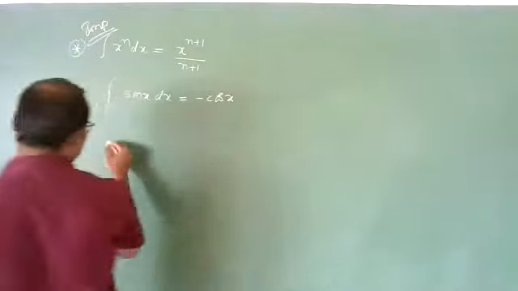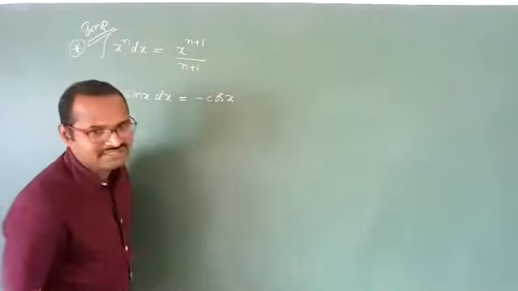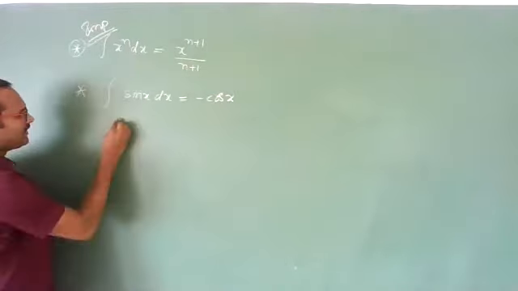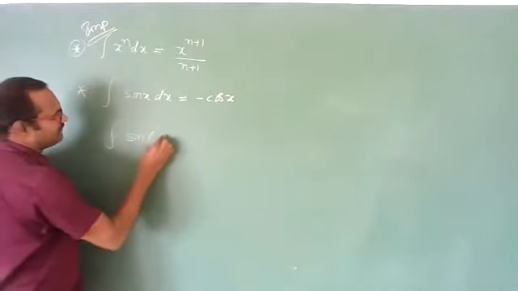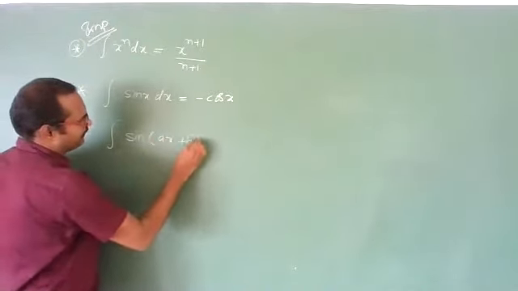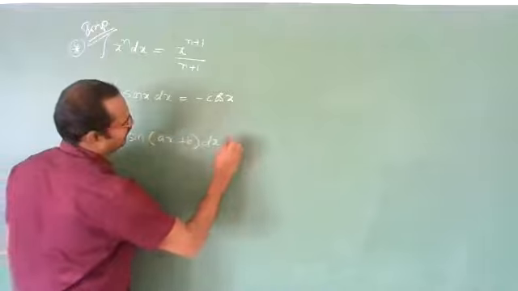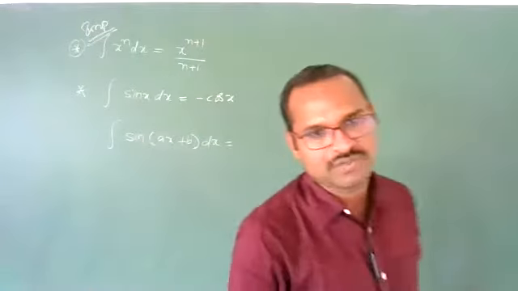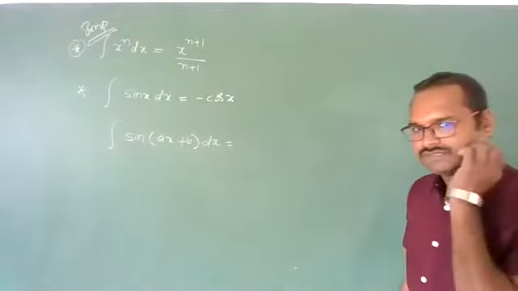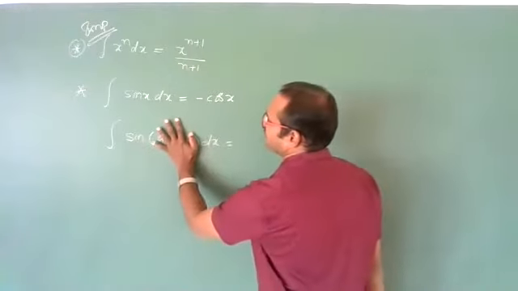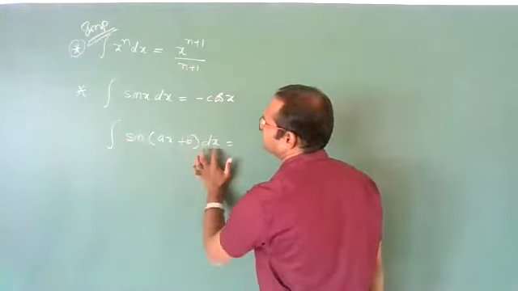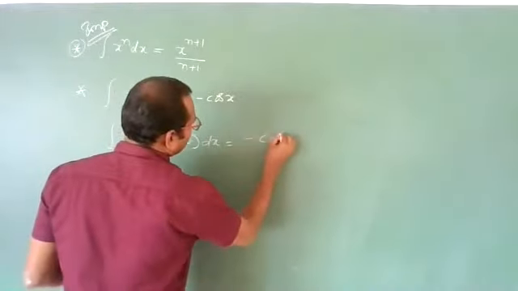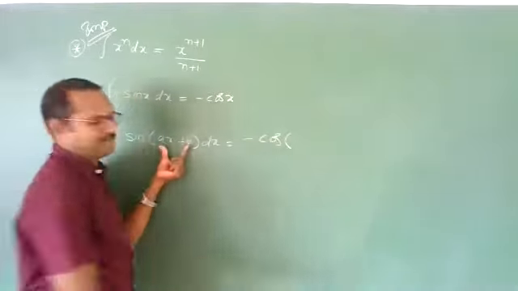Let us suppose you are having this formula, already in the previous class we discussed. Let us suppose we are having integration of sin of ax plus b into dx. Then what will we get? It is in the form of, imagine it is total x. Integration of sin x dx is minus cos x. So first write minus cos of ax plus b.